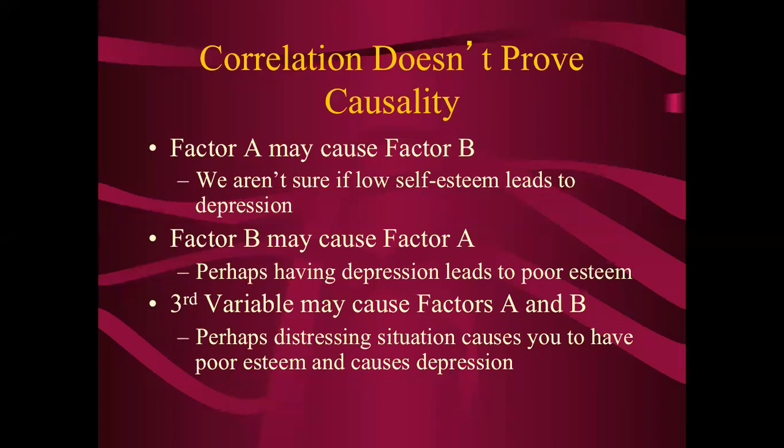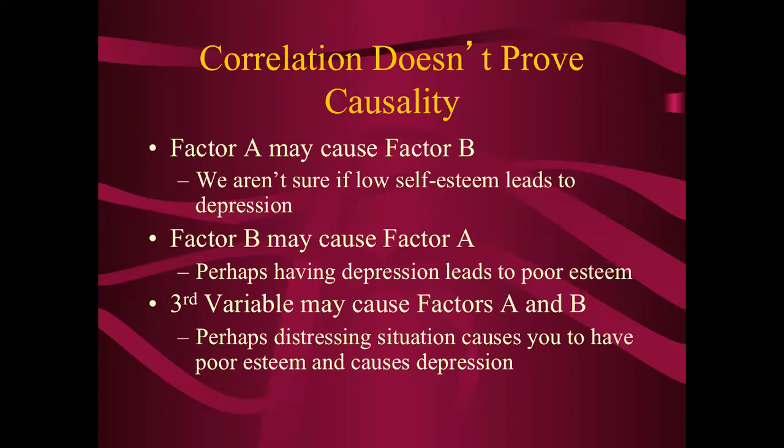So going back to the positive correlation between ice cream sales and murder rates, that correlation is meaningless, isn't it? It's not saying that ice cream sales caused this. There are outside factors.